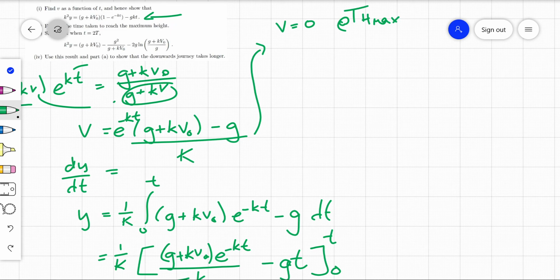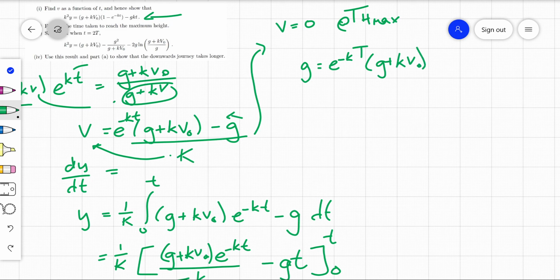Alright, so if velocity equals 0, then when I times k over, I'm timesing k by 0, so that's 0 as well. So really, just the top of the fraction here has to equal 0. So that means that g has to equal e to the minus k times the time of maximum height, times (g + kv0).